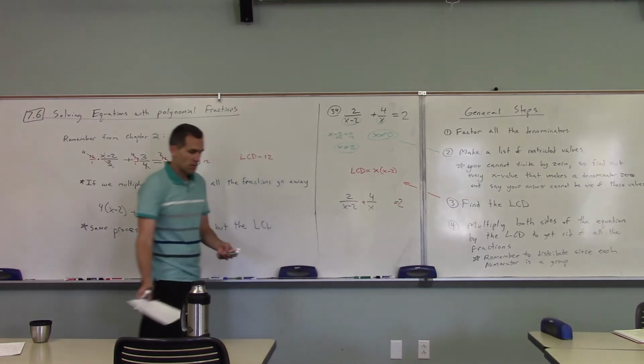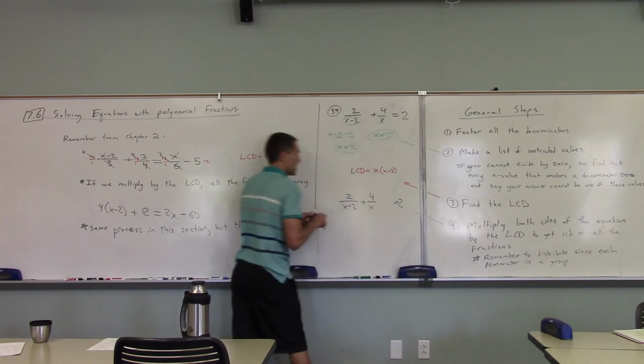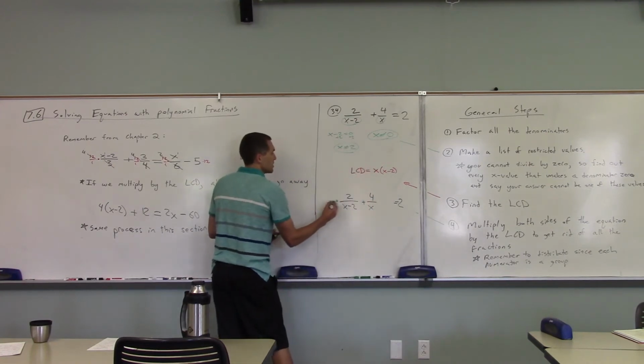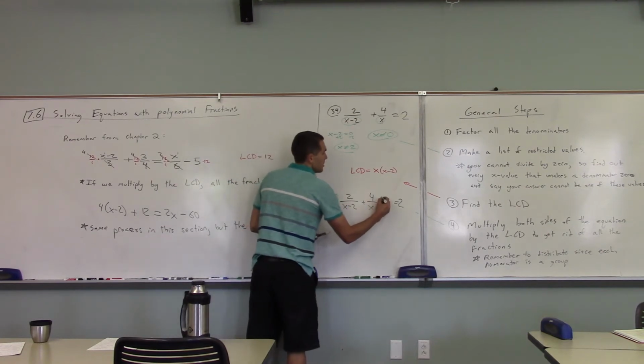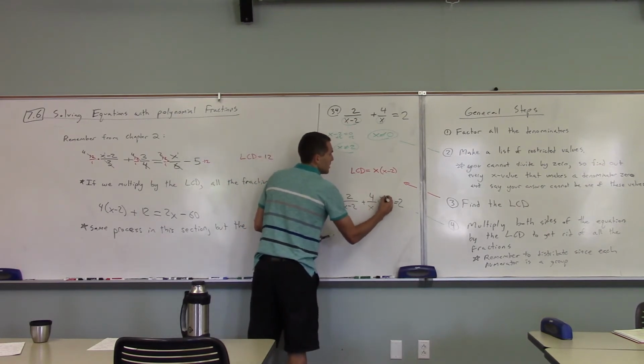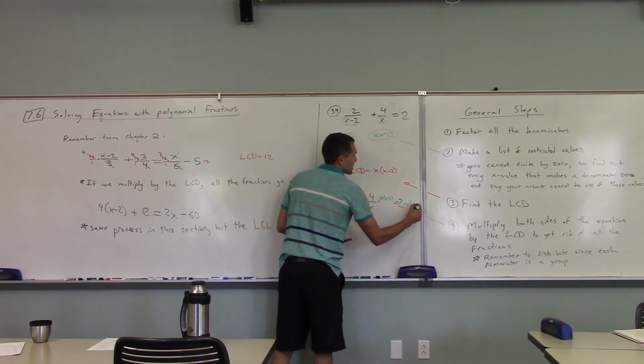So here we go. Multiplying by the LCD. I'm going to do this step in green, so I'm alternating again. So I have times x minus 2, times x minus 2, times x minus 2.